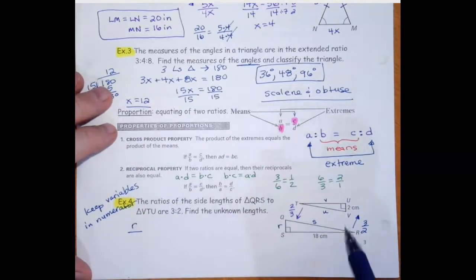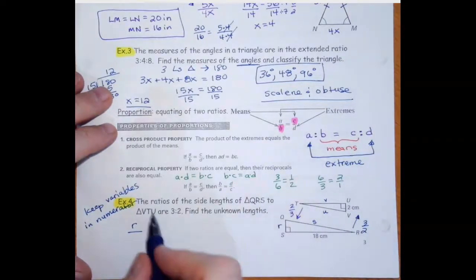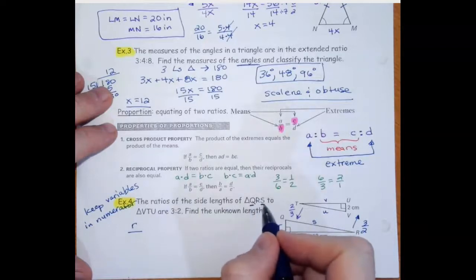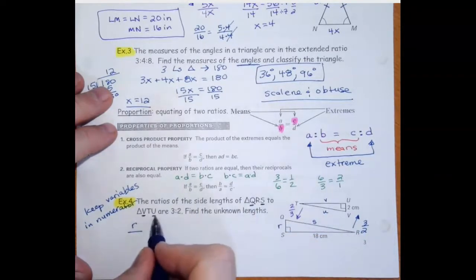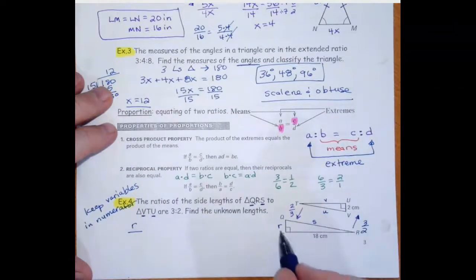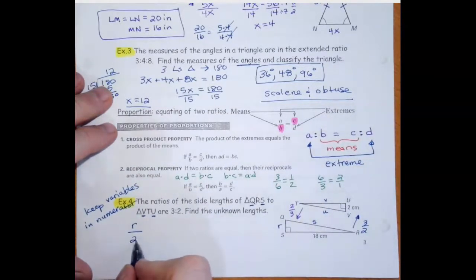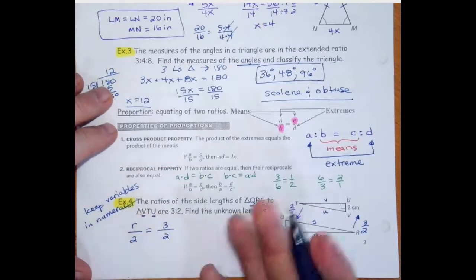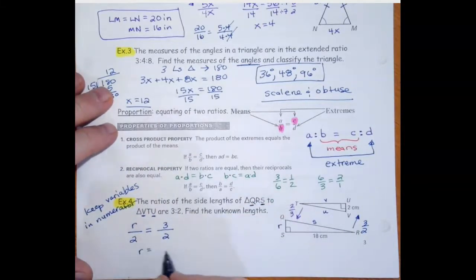So R goes with this side over here. If you think about R is QS, and that's going to go with VU, which is right there. So R over 2 equals, and that's 3 over 2. Okay. So clearly R equals 3 centimeters.